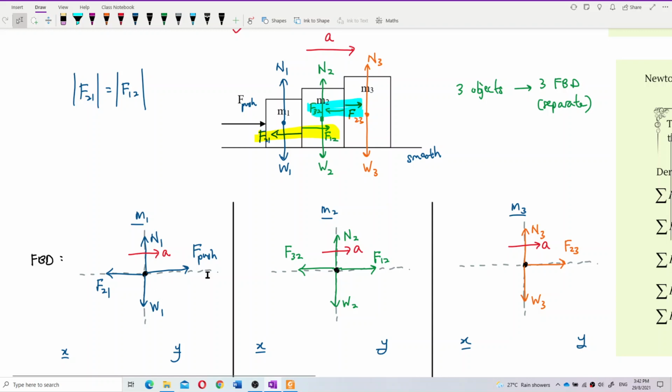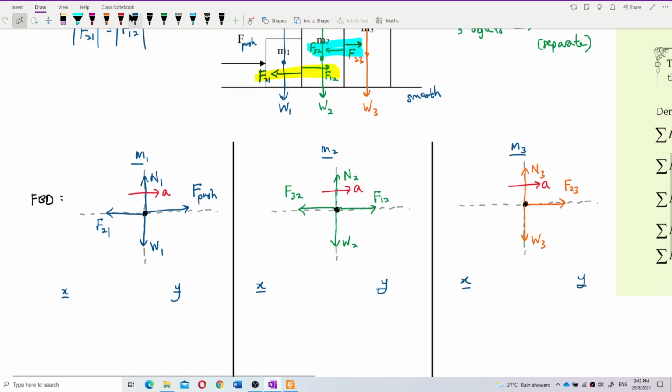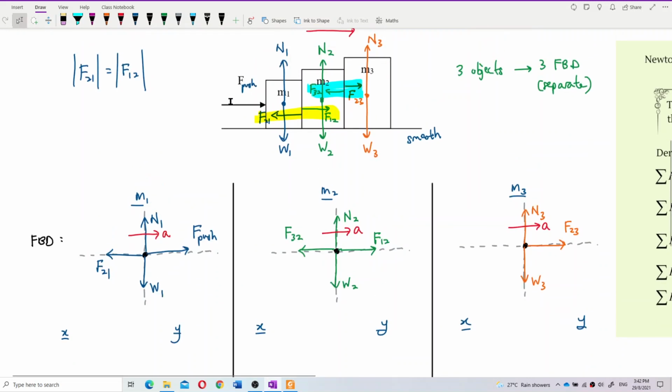We cannot draw the pushing force like this. Later on, you will have trouble when you try to do calculations and formulas. So drag it to the other side and make all the forces outwards from the dot.